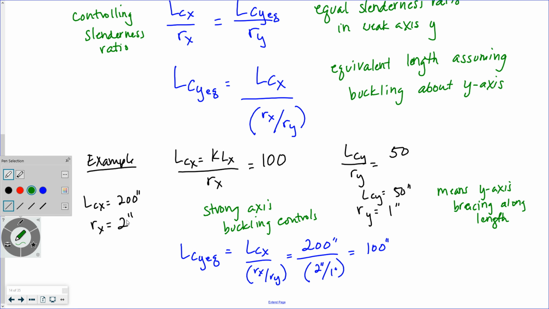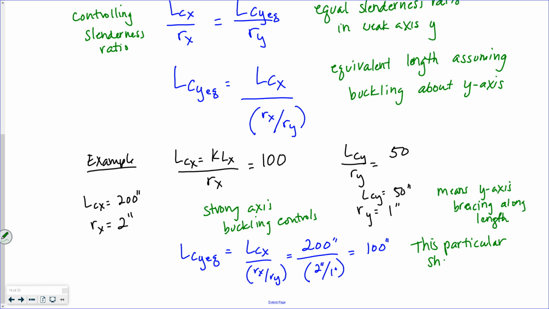This means this particular shape will strong axis buckle at 200 inches unbraced, right?